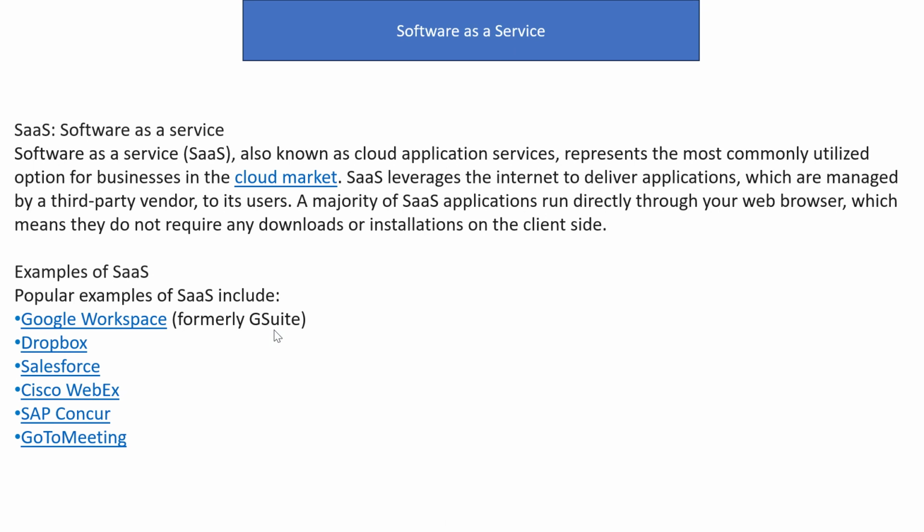You can access these applications through any web browser, either Chrome or Microsoft Edge or any of the other web browsers available in the market. You will get the user ID and password, and after you log into the application, you can start performing the operations when it comes to software as a service, that is in IAG as well.